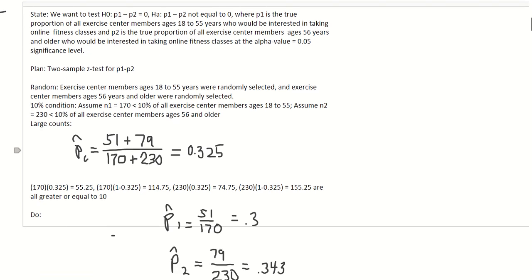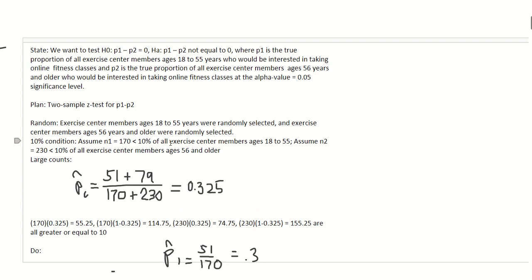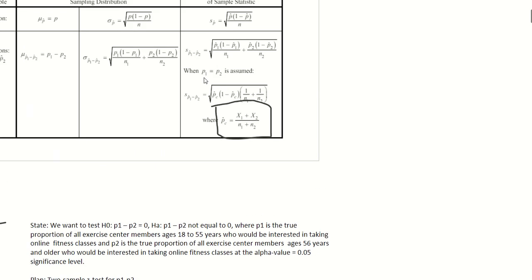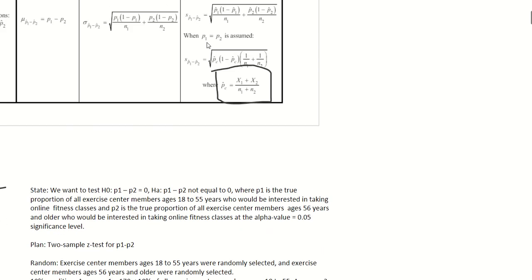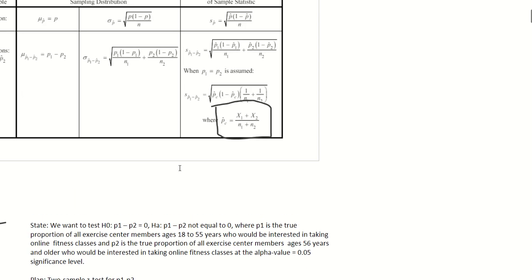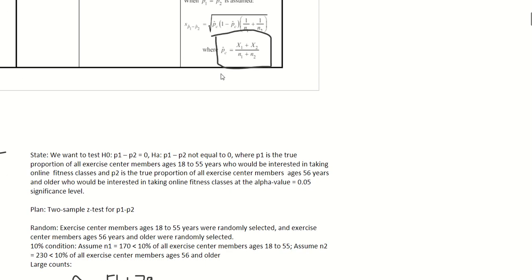The last condition is the large counts. And before we do the large counts, we need to calculate this value right here. We are assuming that P1 equals P2. We stated that in our null hypothesis that P1 minus P2 equals 0, which is another way to say P1 equals P2.